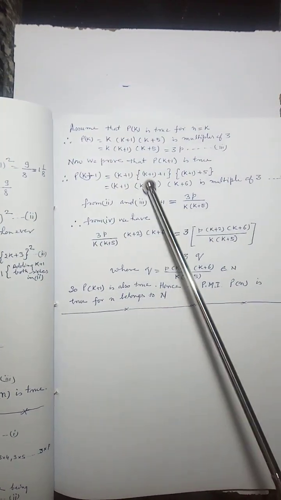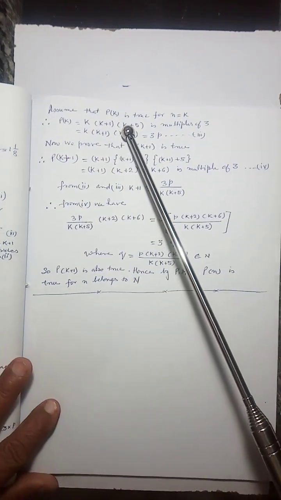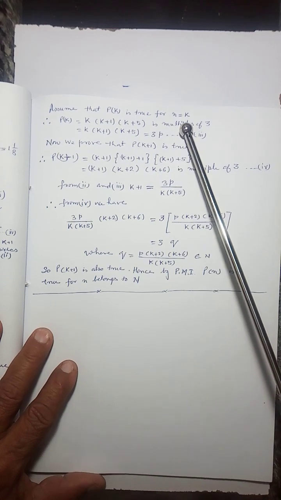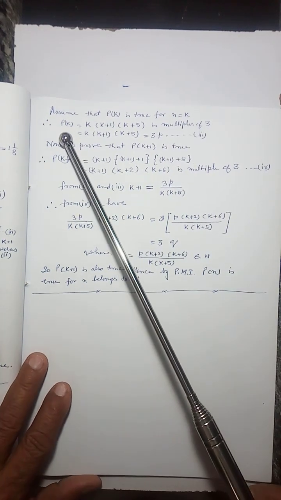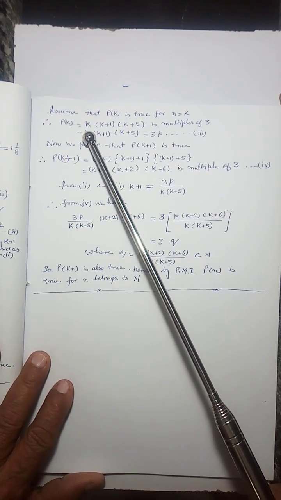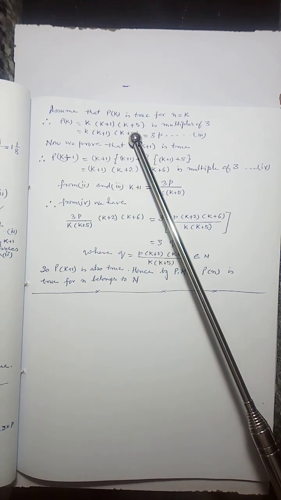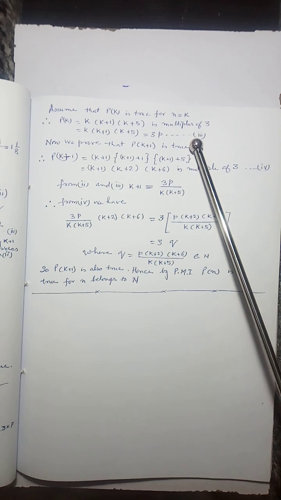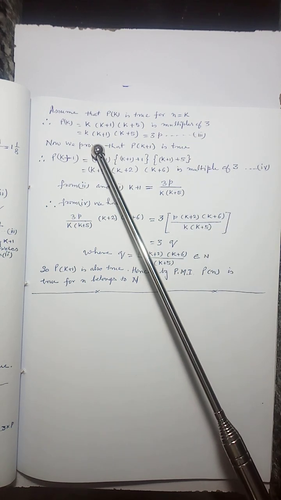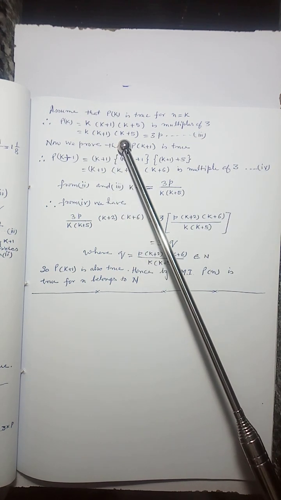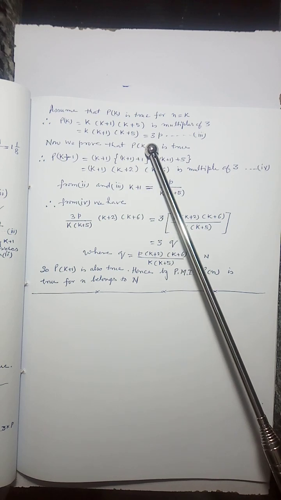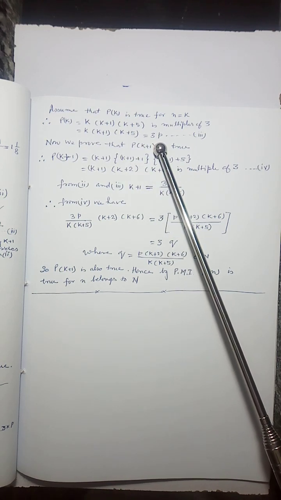The second one. We now assume that P(k) is true for n equal to k. Here you see P(k) is k into (k+1) into (k+5) is a multiple of 3. Therefore, k(k+1)(k+5) is equal to 3p.